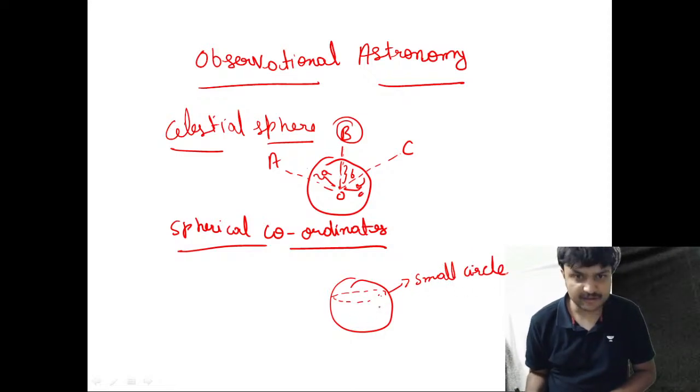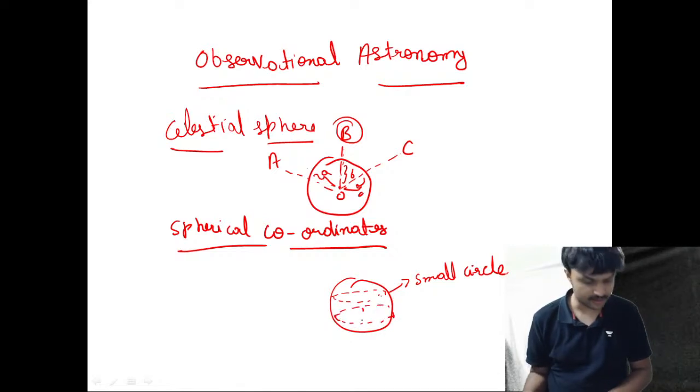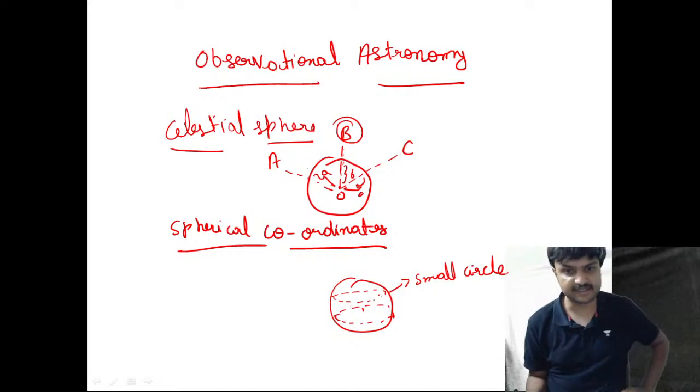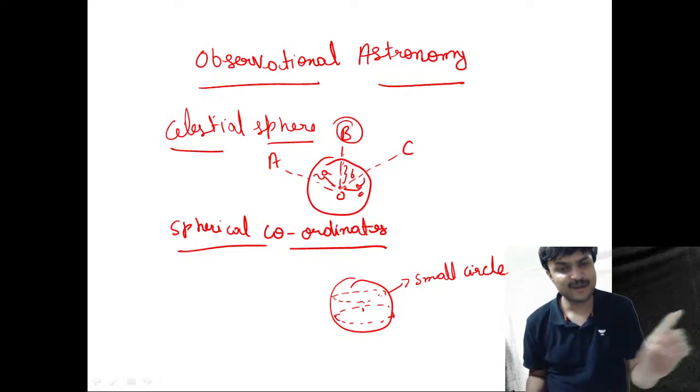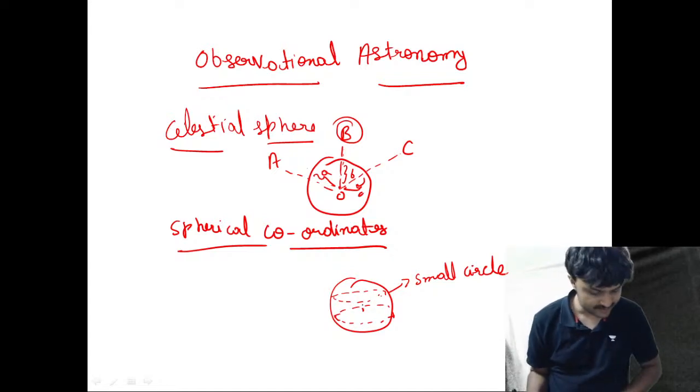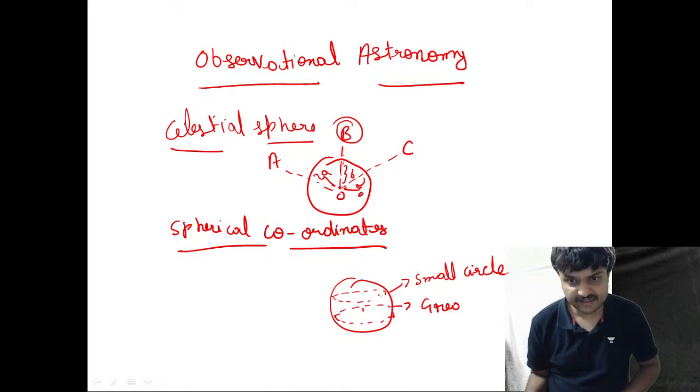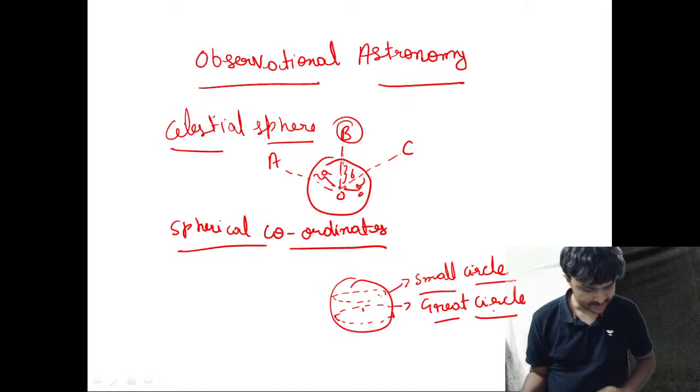And we have something at the center called a great circle, because at the center the diameter is the largest chord of the circle, which we call a great circle. This is called a small circle, and this is called a great circle.